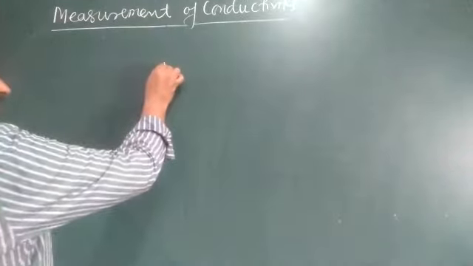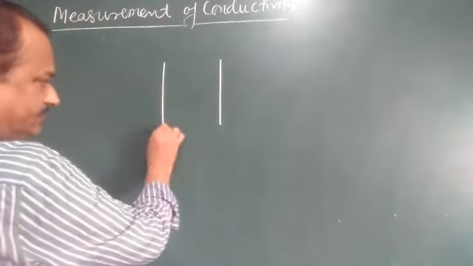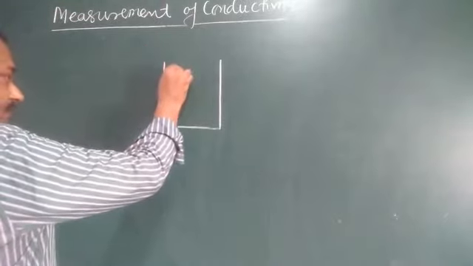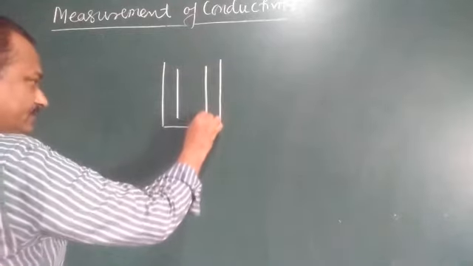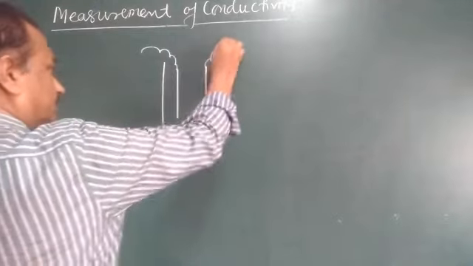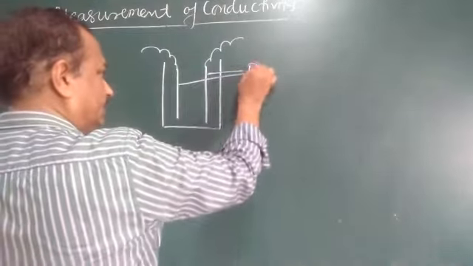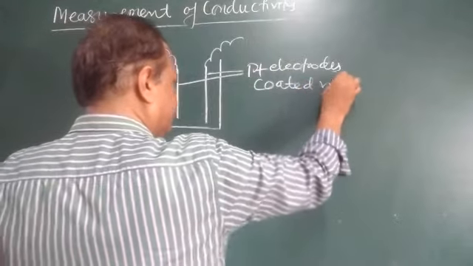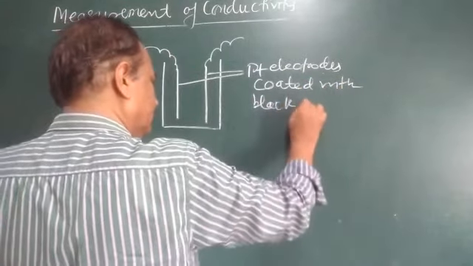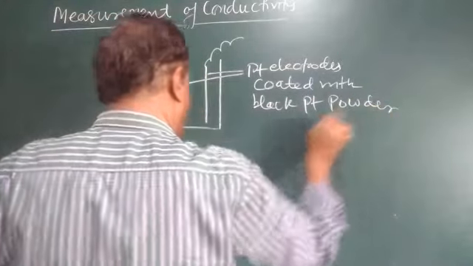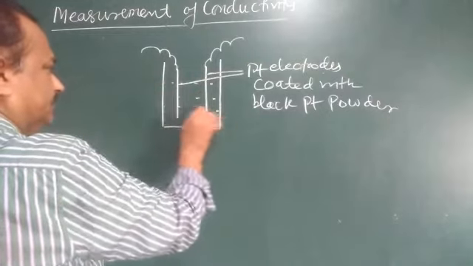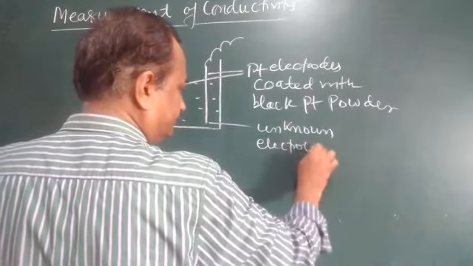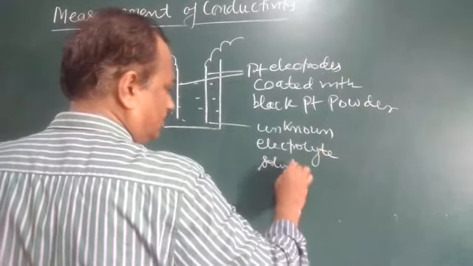Furthermore, children, the electrolytic vessel has a fixed dimension, and it has platinum electrodes like this, coated with black platinum powder, and it contains the unknown electrolyte solution.